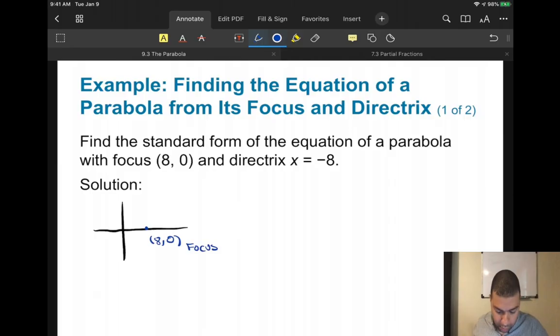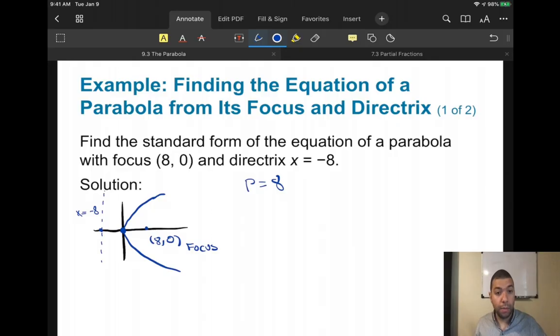And then the directrix is x equals -8, so it's the opposite direction. So here, it's the directrix, vertical. So that means my parabola looks like this. And that's the vertex. So I can see that the distance between the vertex and the focus is 8. So I can see that p equals 8.